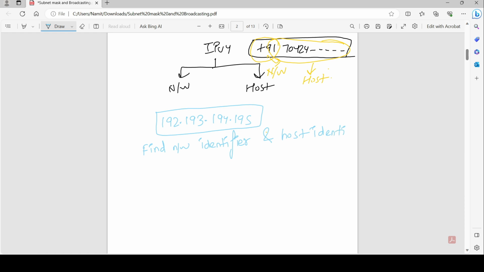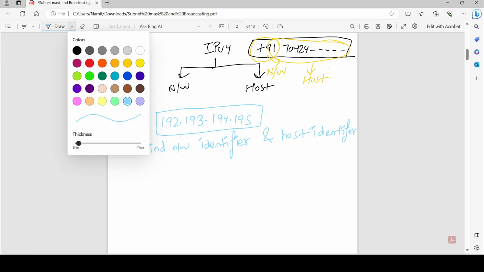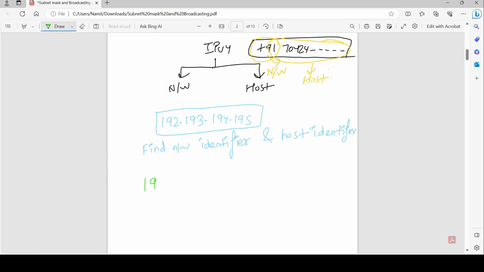Obviously this term changes. Sometimes it is asked as network address, host address, or network ID, host ID. So if this is my question, I'll change my color to attempt the answer.